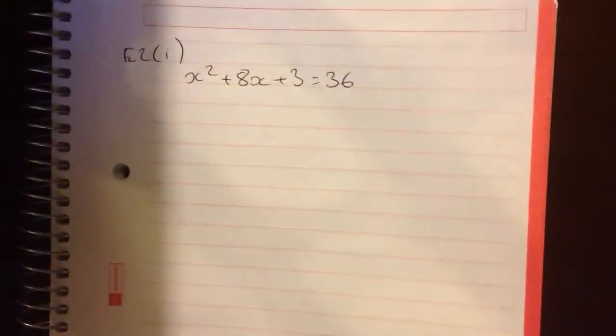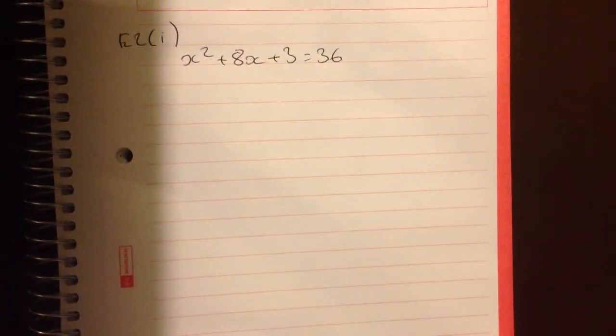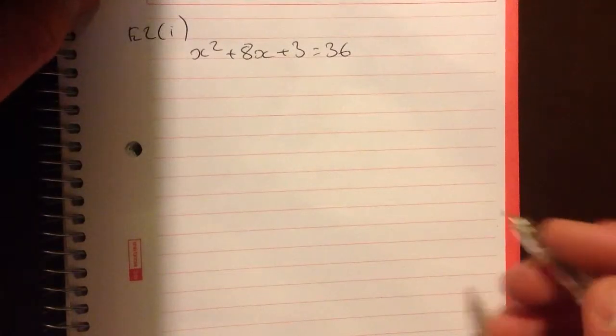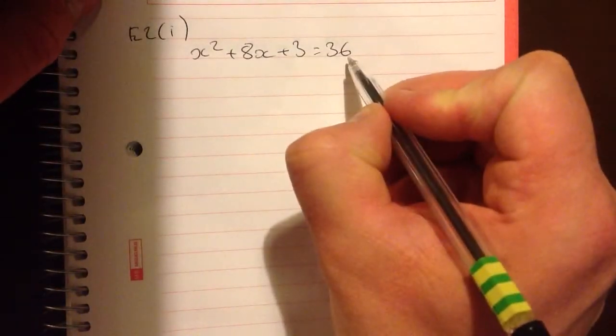Okay, in a situation where you are not given your expression set up as an equation equal to 0, you need to make it equal to 0. So we've been given this question out of the book. It's E2 question I, and we need to set that equal to 0 before we do anything else. So all we're going to do is take this 36 off of this side.